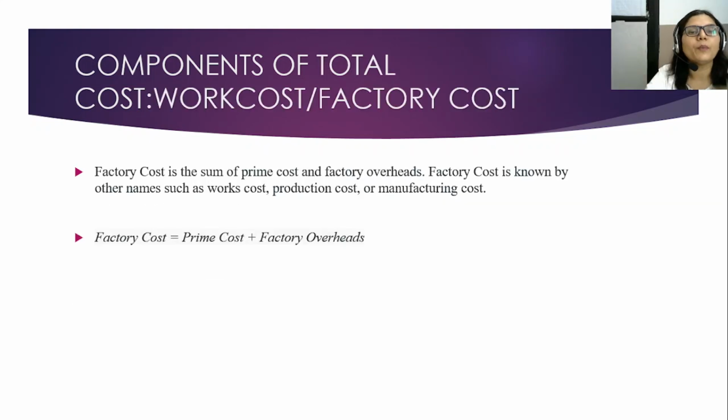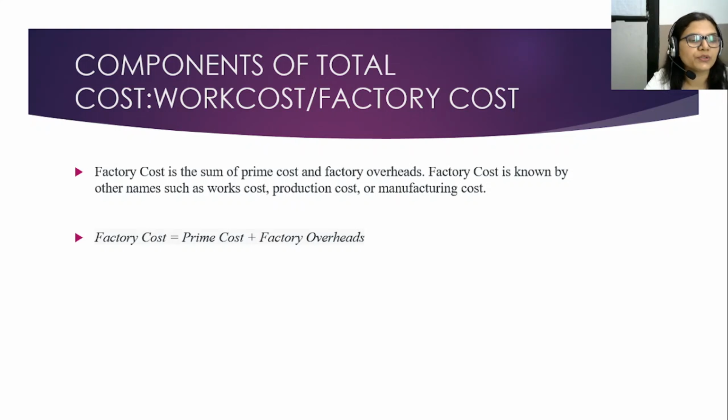Next is components of total cost, work cost or factory cost. All the expenses which are incurred on the factory floor are known as the factory cost. After adding factory overheads to prime cost, we arrive at factory cost. Factory overheads are the expenses which are not directly related to the production but are essential and concerned with the production function.